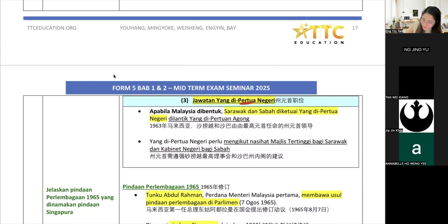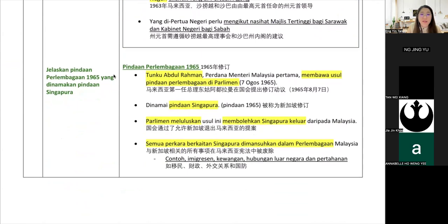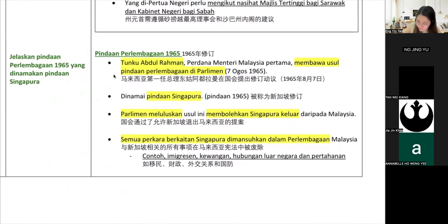Everyone, remember this position. So Yang di-Pertua Negeri needs to follow the Nasihat Majlis Tertinggi, and this is the state government meeting, the state councils. So in Sarawak, they call it Majlis Tertinggi. In Sabah, they call it Cabinet Negeri. That's all. Okay, 1965, very easy one. Remember, Singapore left.